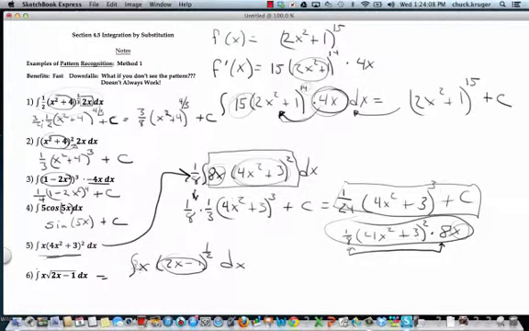Even if I have a 2 here and a 1/2, I'd have a 2x here, which is not chained to anything inside the parentheses. So if I use pattern recognition for number 6, I would have to say it's not possible, because I don't have a particular method by pattern recognition to solve. So we'll come back to problem number 6 when we talk about substitution on the next page.